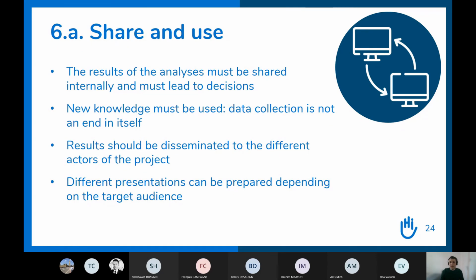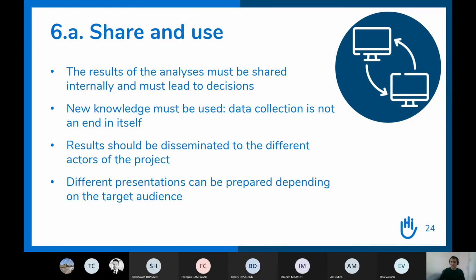And really, I'm going to insist, as I told you at the beginning: if you collect data, but in the end you do nothing with it, if there is no decision, nothing that is done with the data, then why did you do it in the first place? So you really have to make sure that each time you collect some data, in the end there is going to be something that is done with it.